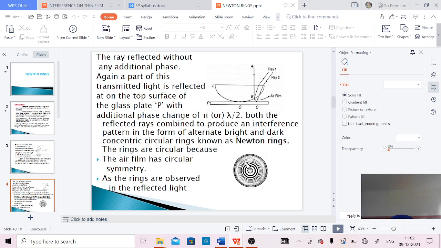Why are these rings circular? Because the air film has circular symmetry. See here, in the middle there is a point of contact, and as we go away from this point of contact, the air film has circular symmetry, and the rings are observed in the reflected light.